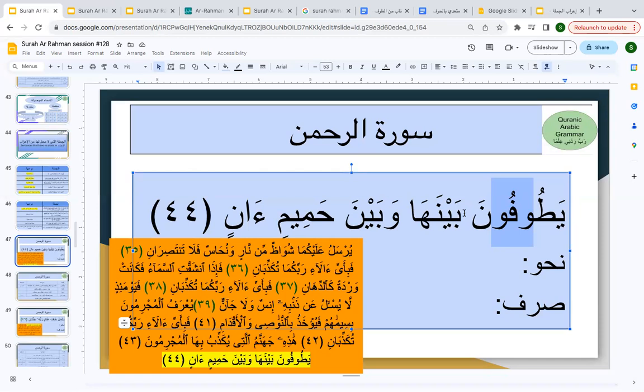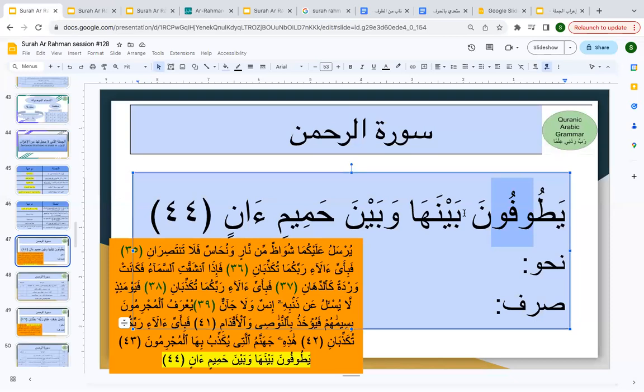You all agree? Sister Diba is saying that I can call it bainaha as hal as well. So do you agree? How will they rotate between it and between the boiling hot water? Both ways sound right.